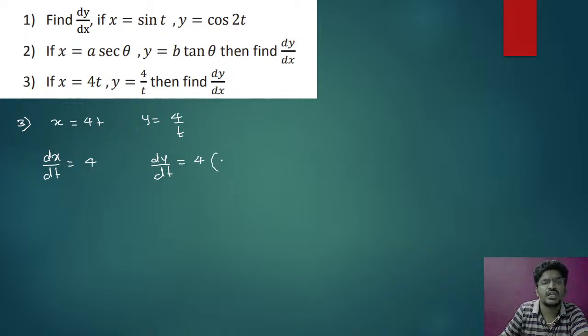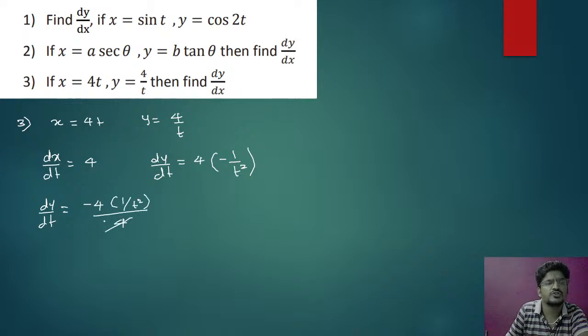Differentiation of 1 by t is minus 1 by t square. So that will be now dy by dx equal to minus 4 into 1 by t square divided by 4. So 4 will get cancelled. Therefore dy by dx will be equal to minus 1 by t square.